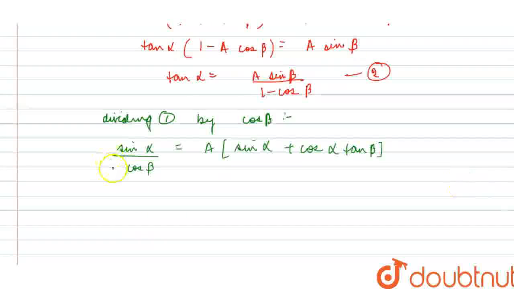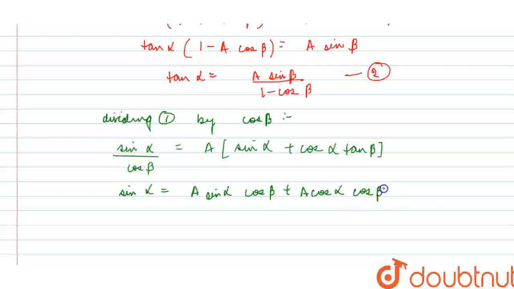Now proceeding further, I am cross multiplying it again. So it is sine alpha is equal to a sine alpha cos beta plus a cos alpha cos beta tangent of beta. Now, from here I can find out the value of tan beta.